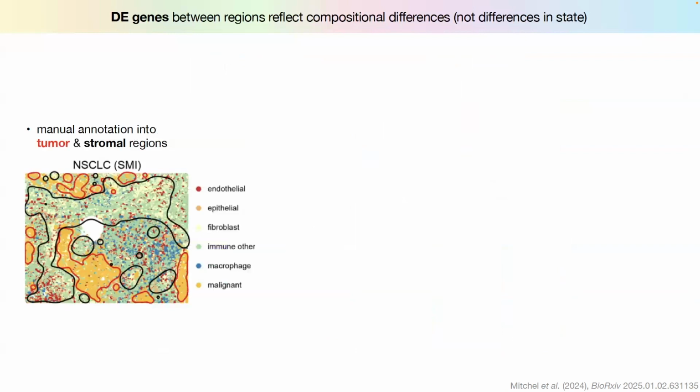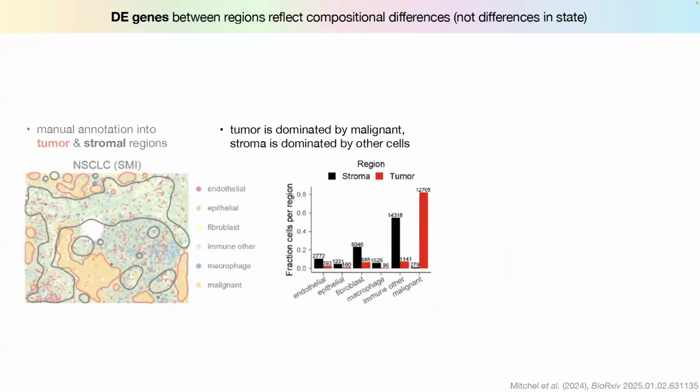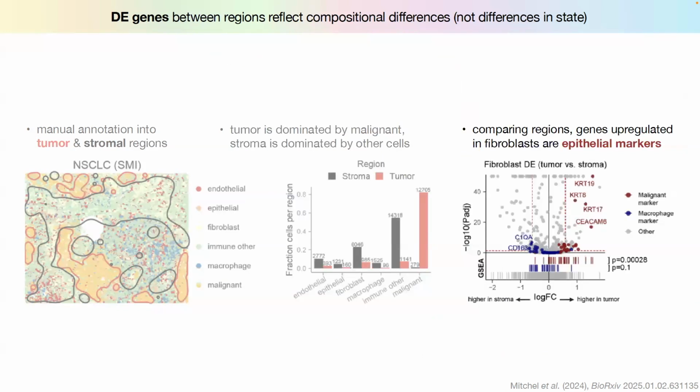And then they show, because of this, again, it's similar to before. If we look at a tissue and we have a stromal compartment with fibroblasts and endothelium and whatever, and then we have a tumor, and we compare these regions, and the tumor region has a lot of malignant cells, and now we do differential expression analysis, like the heat map that I showed you earlier, what you get is that the fibroblasts express a lot of keratins.